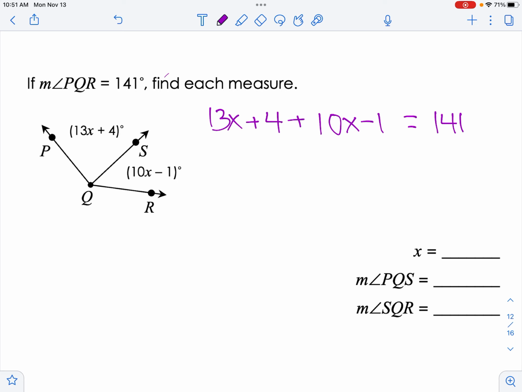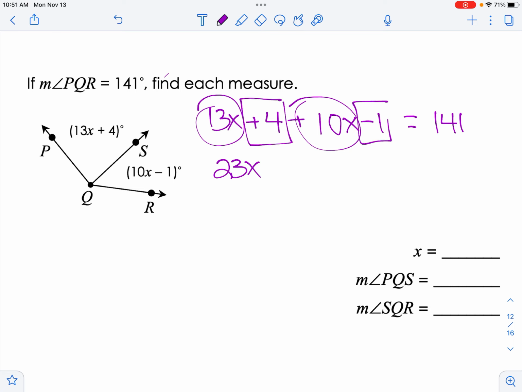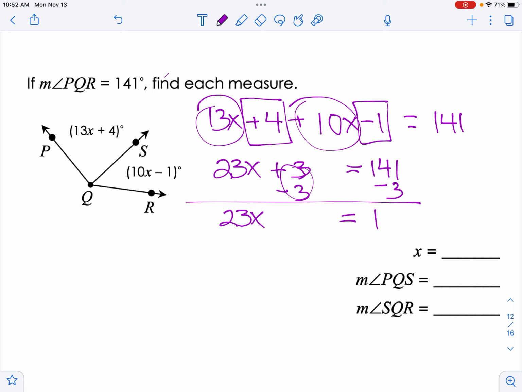So I'm going to combine like terms. I've got some x's to put together first. 13x plus 10x is 23x, and then 4 minus 1 is positive 3. And that's equal to 141. Next I want to subtract 3 from both sides, so I have 23x equals 138.